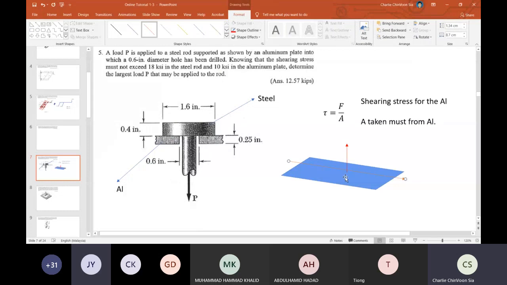The stress that we calculate is a shearing stress. So now you have an idea of the direction of the area that you need to consider.